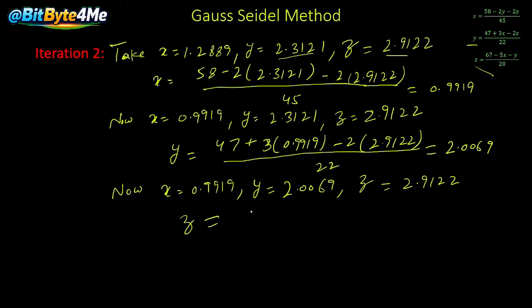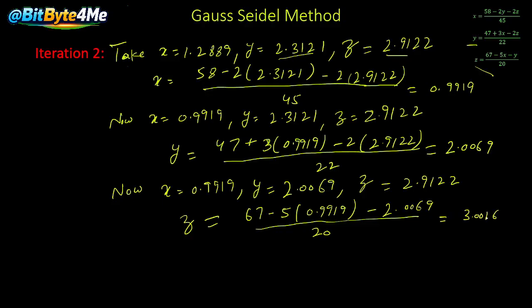So z is equal to 67 minus 5 into x, 0.9919, minus y, 2.0069, over 20, and you will get the value 3.0016. So we got new values of x, y and z which will be used for the next iteration.